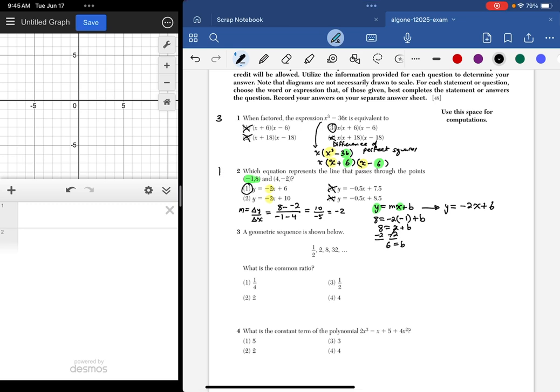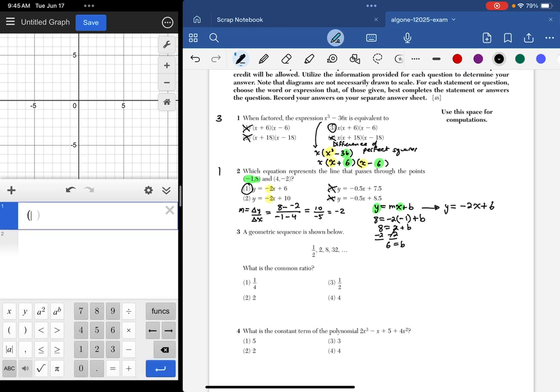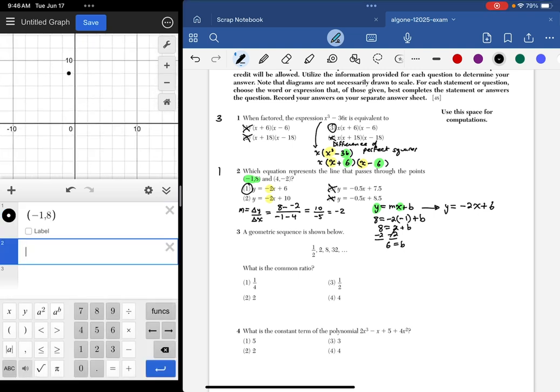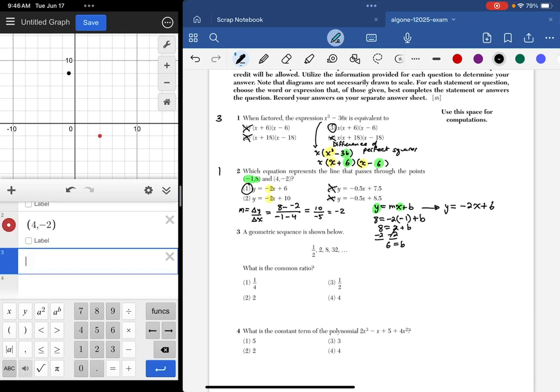And like I said, you could figure it out based off of plotting the points. All right, you want to see it, so I'm going to pinch zoom. 4, parentheses, 4, negative 2. And then y equals, we'll start with the first choice. It turned out that was the right answer, but let's say I didn't know that.